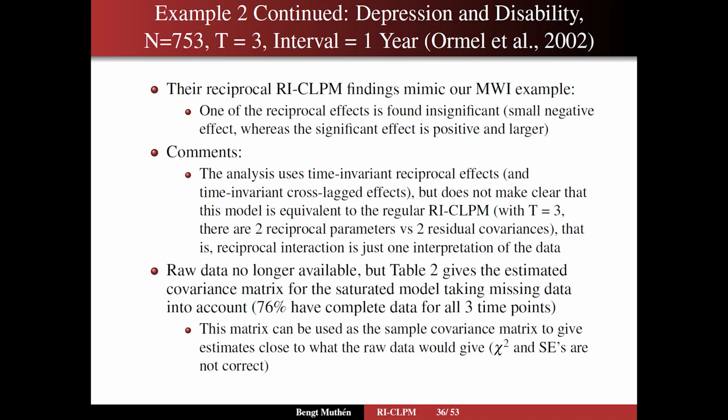In this case, 76% actually have complete data for all 3 time points, so the missing data situation is not that bad. So what I did was use this estimated covariance matrix for the saturated model as a sample covariance matrix, because that would give you point estimates of the parameters that are close to what the raw data would give. A chi-square fit and standard errors would not be correct. For that, you would need to go back to the raw data.